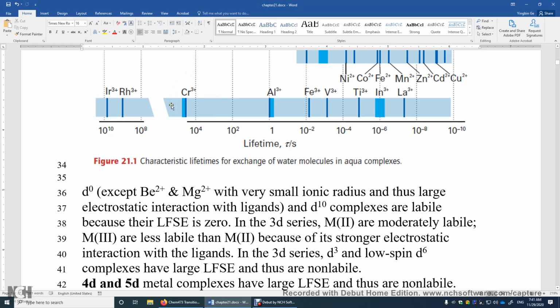So I'll give you this example here, chromium 3+. This one has a d3 electron configuration, and all three electrons occupy the lower energy t2g orbitals with a LFSE of -1.2 delta O. That's pretty large. What about low spin d6?